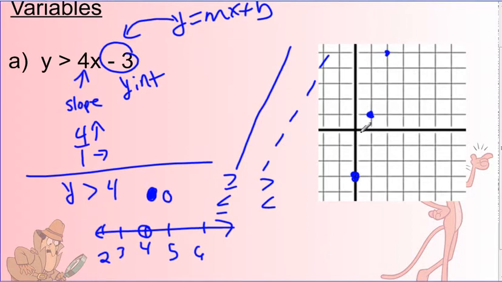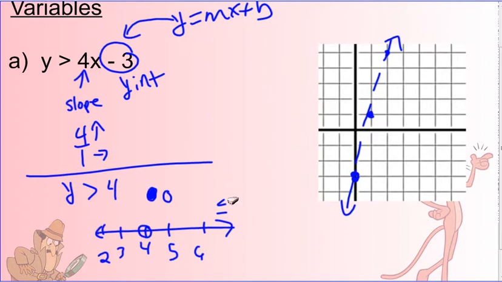So from these 3 points, I need a dotted line, a hollow line, because the inequality has this greater than symbol. So we're going to make just a dotted line through these with arrowheads on the ends.